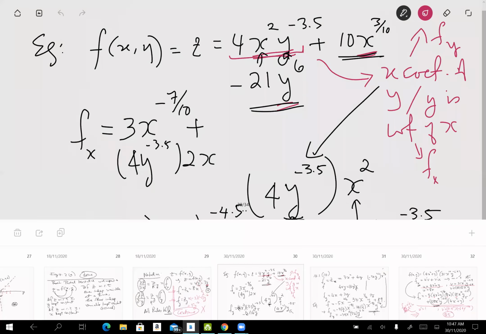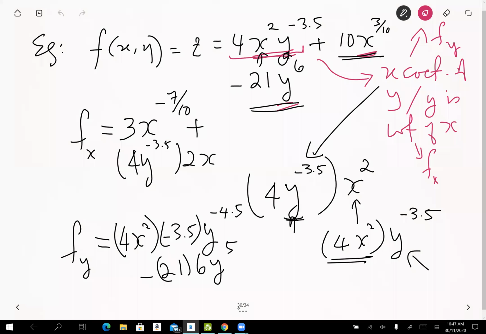Okay, so let's go to the example that we have earlier. This one. I think we start with a simpler question. That one is a bit difficult.